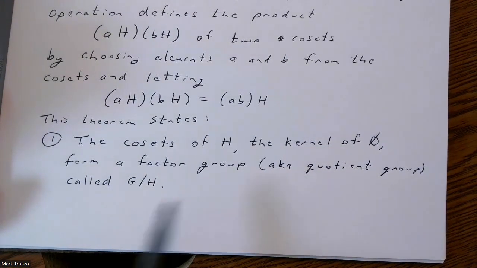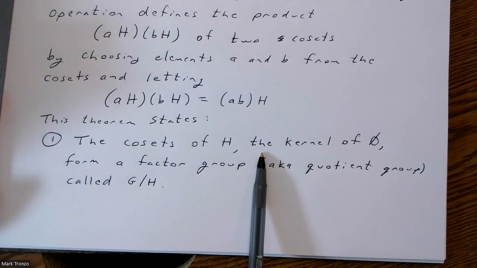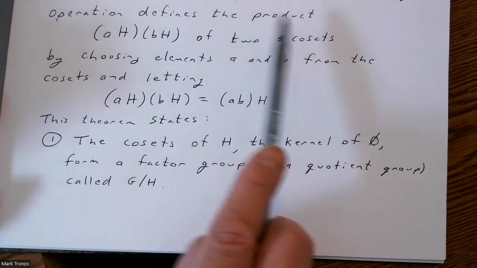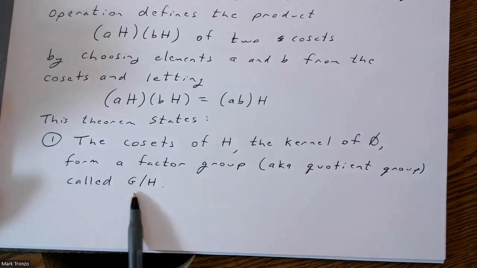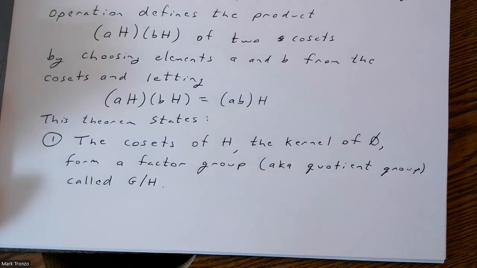So again, I'm just sort of restating what's up above. The cosets of H, where H is the kernel of phi, form what's called this factor group.